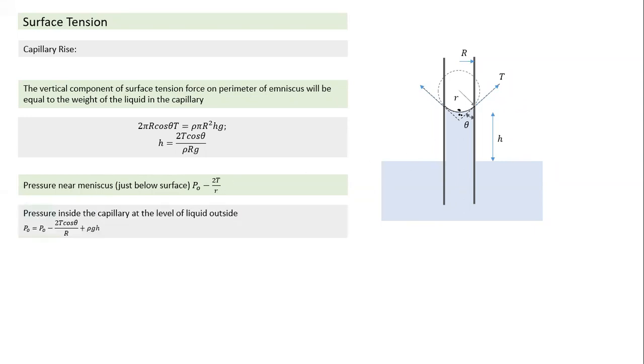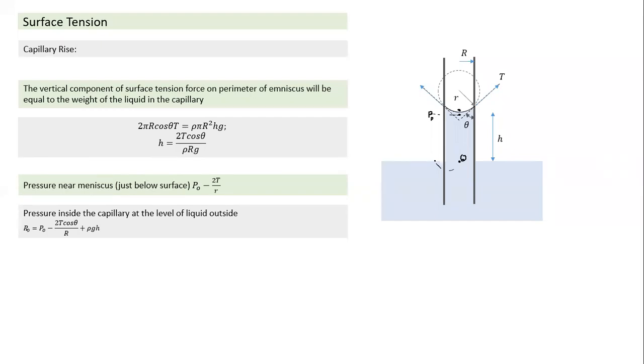Okay, so that's the pressure right below. Let me mark this point as P. If the pressure at this point is P, and I take another point Q here, what is the pressure at this point? The pressure at Q will be equal to atmospheric pressure, which is also equal to pressure at P plus rho g h. Q is at the same level as the liquid outside.